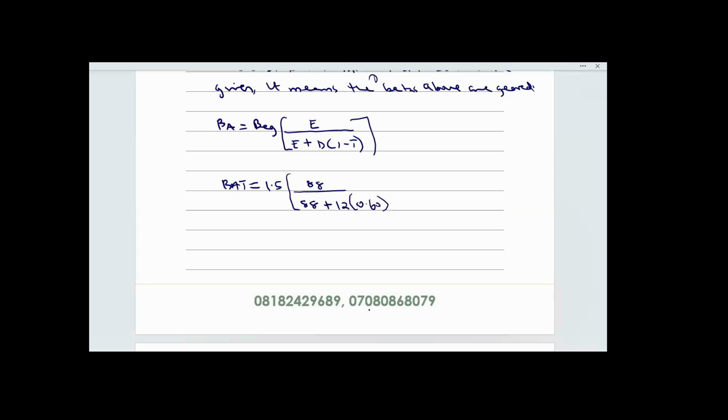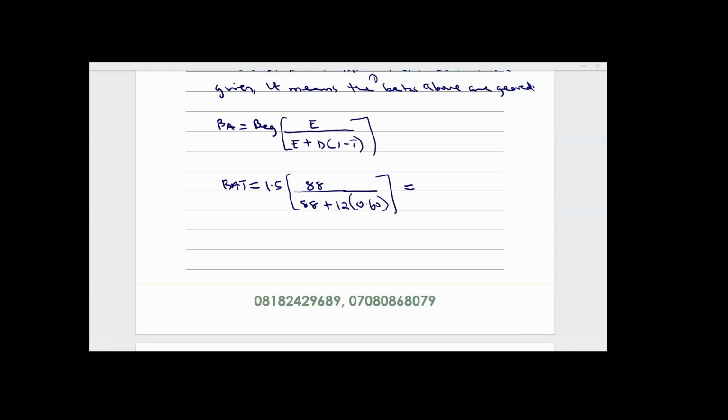Let me rewrite this 88, it's not clear. So for training services, start from the denominator: 0.6 multiplied by 12 equals 7.2, plus 88 is 95.2.